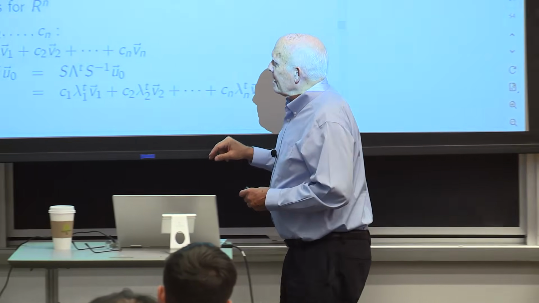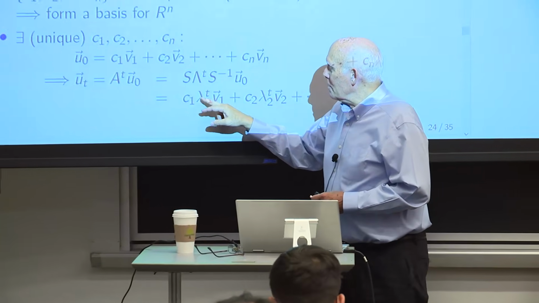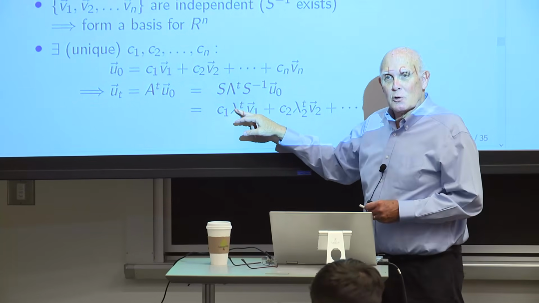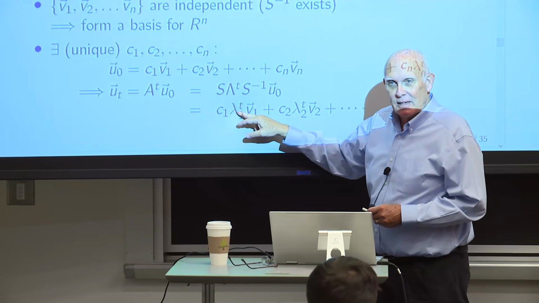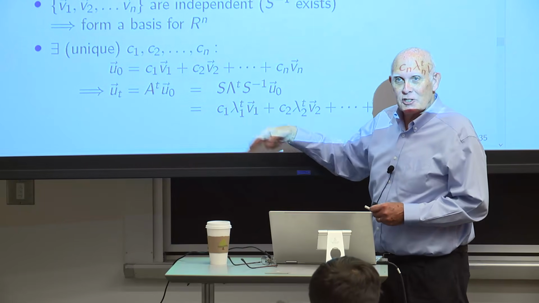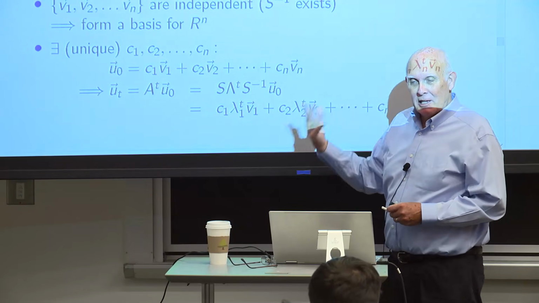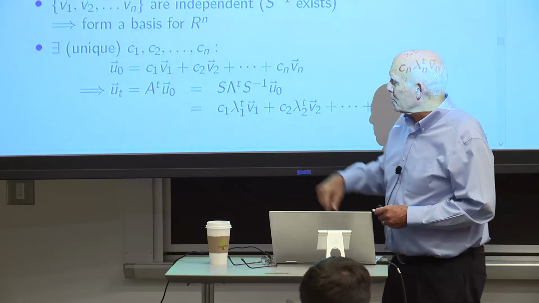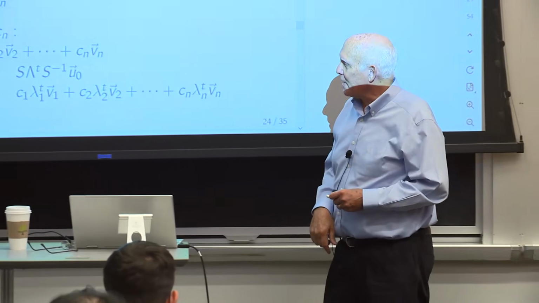If one of the eigenvalues is equal to 1, then this term won't change with each transition. And so we'll have a limiting value of the state that corresponds to a multiple of the first eigenvector.